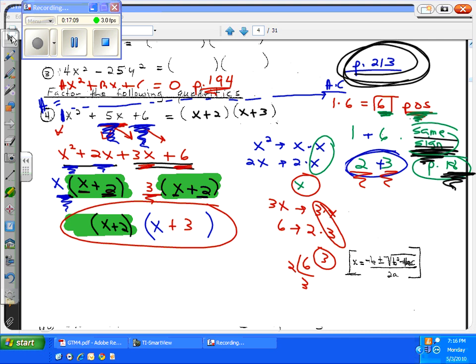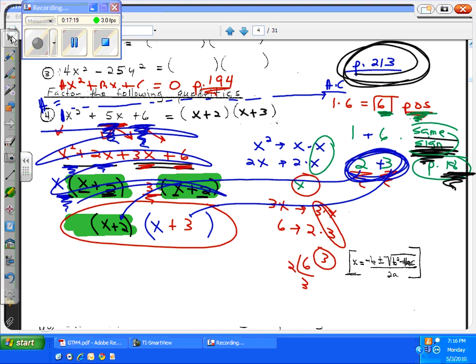And the thing I can multiply to get 6 and add to get 5 is a 2 and a 3. And we can take the 2 and stick it there, and the 3 and stick it there, and we could skip all that stuff in the middle. Now, again, you can only skip all of that stuff in the middle if A is 1. And you do that again by thinking, what can I multiply to get 6 and add to get 5? Which was a 2 and a 3.